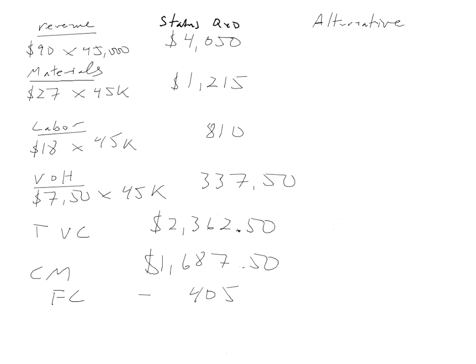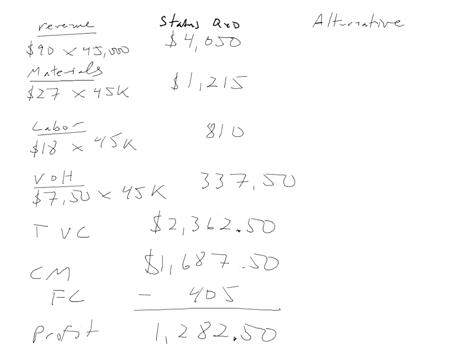So we do contribution margin of 1,687 and 50 cents minus the fixed cost of 405, and so we get our operating profit of 1,282 and 50 cents. So these are the answers for column number 1, the status quo. If you proceed without doing the special job, here are your amounts.